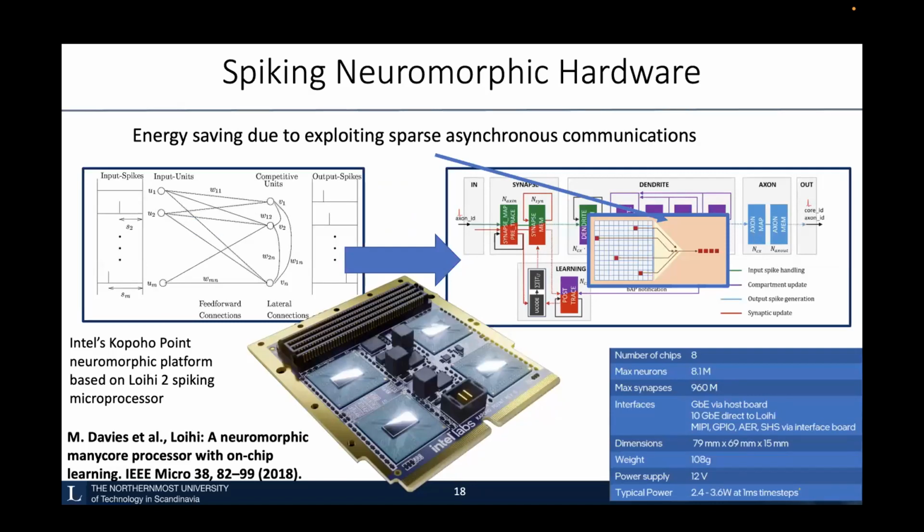The second variant of this specialized hardware is spiking neuromorphic hardware. There are different kinds of it.